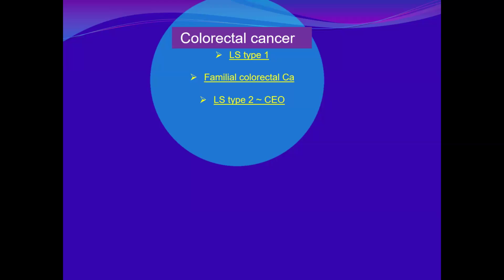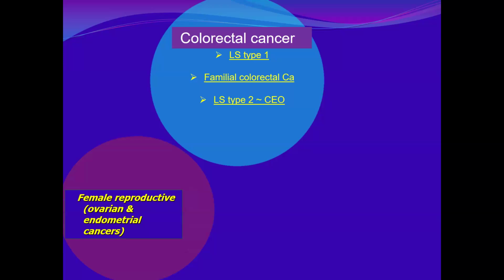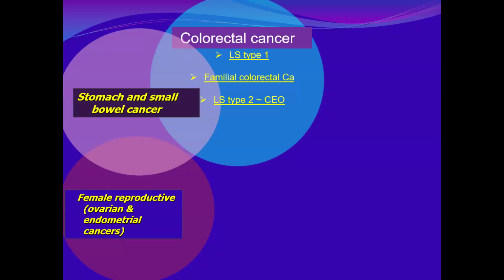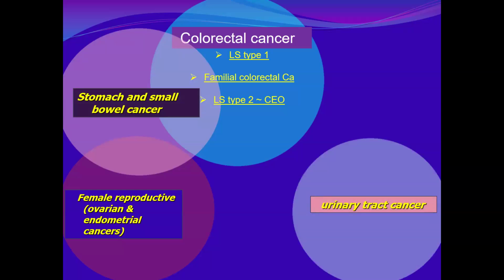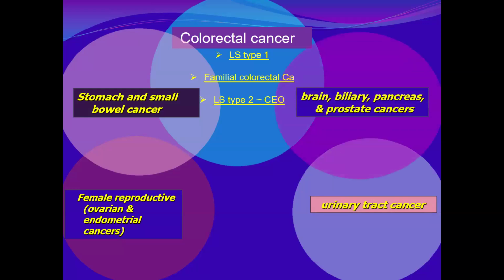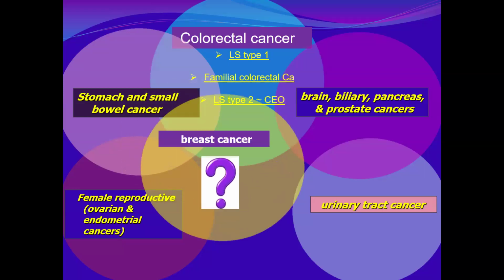So in type 2 Lynch syndrome, individuals have an increased cancer risk in general, and we can see other types of cancer in the family. In order of frequency, gynecological cancers are far more common after colorectal cancer than other types, which include stomach and small bowel, urinary tract cancers, and then brain, biliary, pancreas, and prostate can be involved.